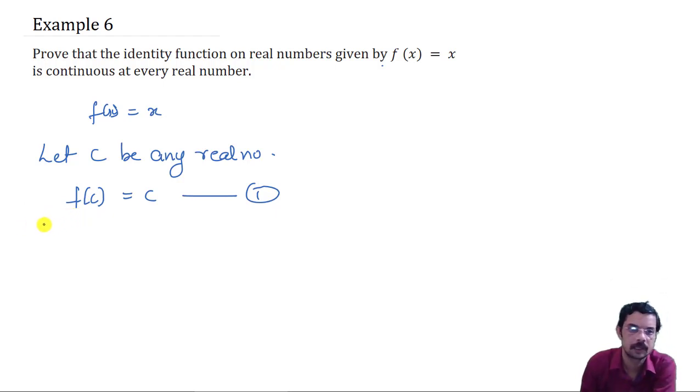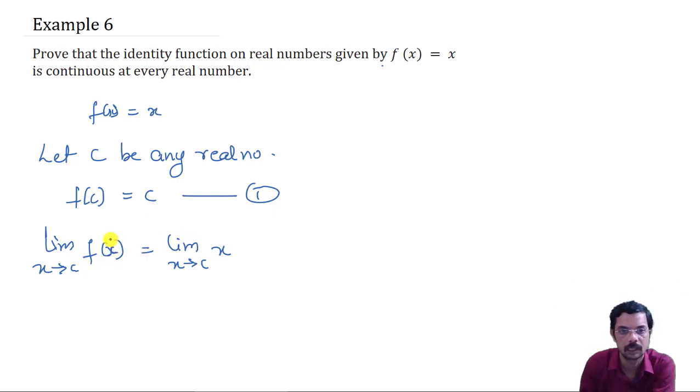Next, what do we do? We find the limit as x tends to c of f of x. That is limit x tends to c of x, because f of x is defined as x, the identity function.